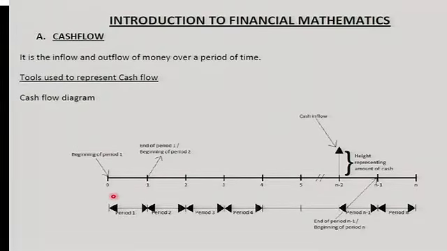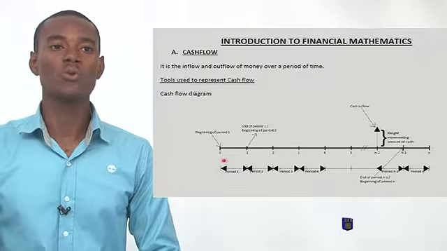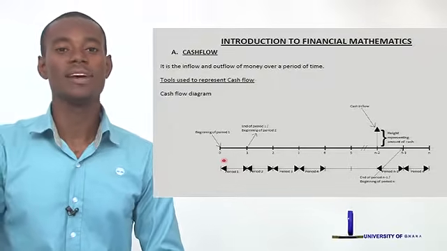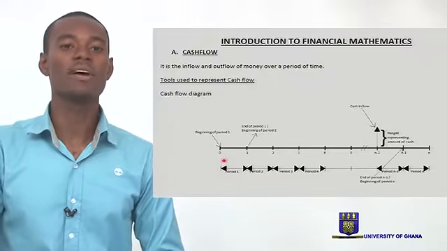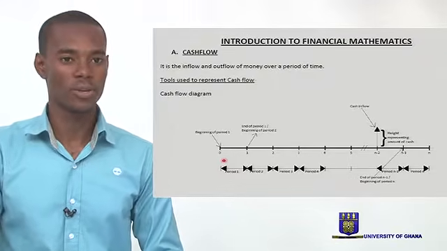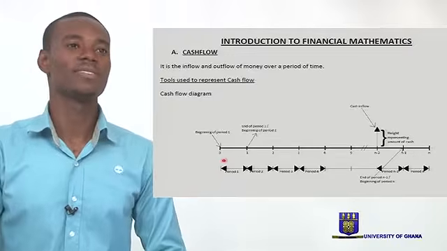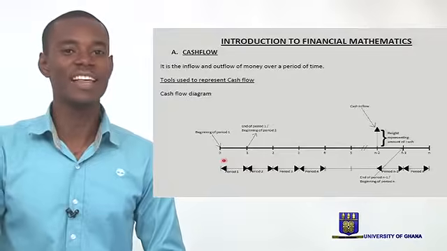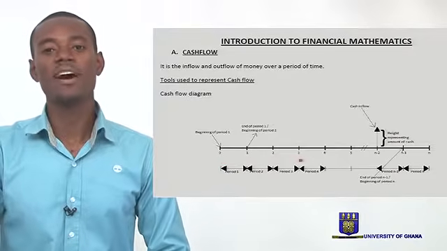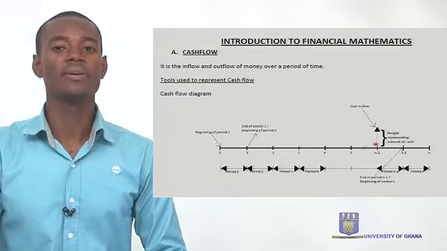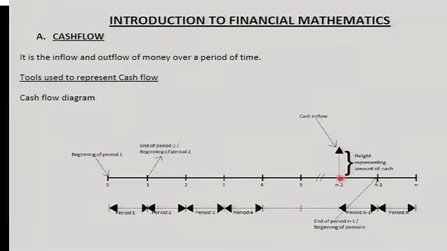Now we represent cash flows, or sums of money that come in and out, with arrows pointing either up or down. Think about it like an injection and a leakage. If you have an arrow pointing up, this is an inflow.